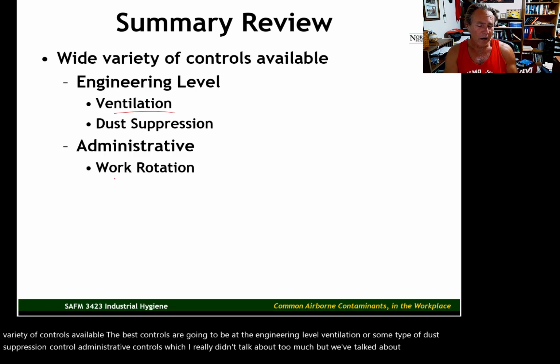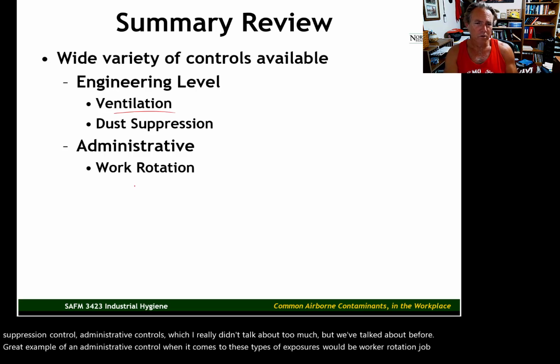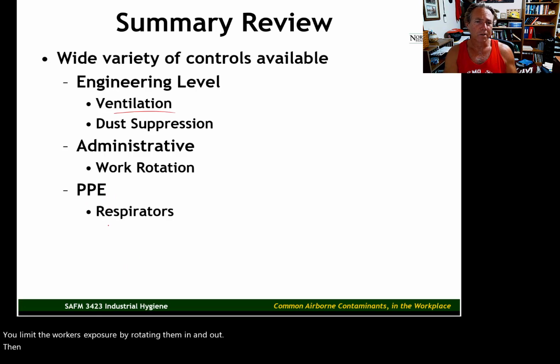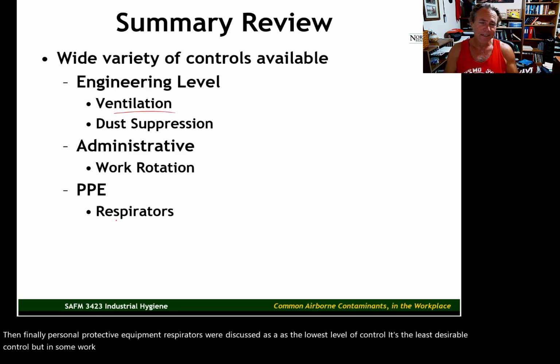A great example of an administrative control when it comes to these types of exposures would be job rotation. You limit the worker's exposure by rotating them in and out. Then finally, personal protective equipment, respirators, were discussed as the lowest level of control. It's the least desirable control. But in some work situations, that's going to be the best available control.